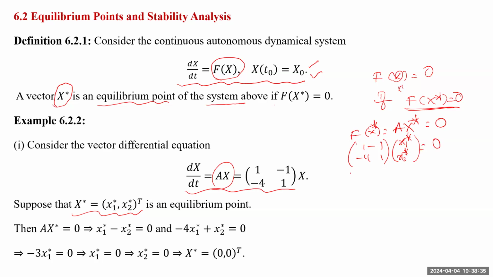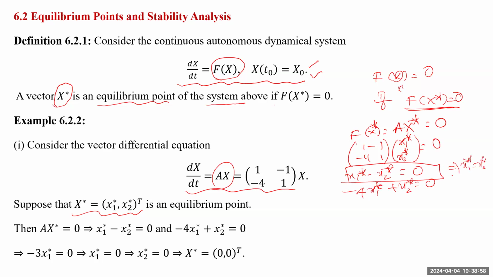On simplification, x1 star minus x2 star equals 0 and minus 4 x1 star plus x2 star equals 0. So x1 star equals x2 star.